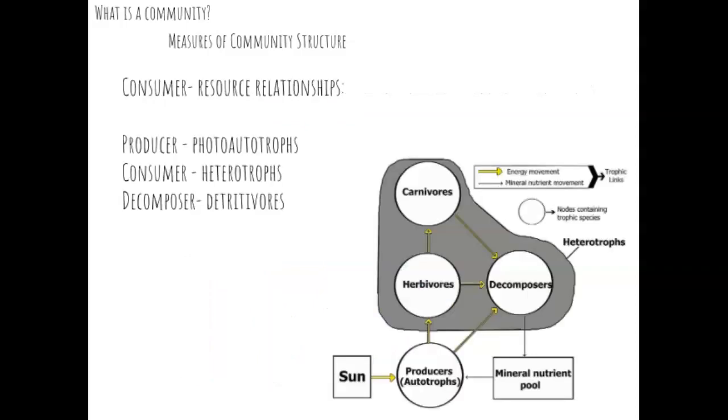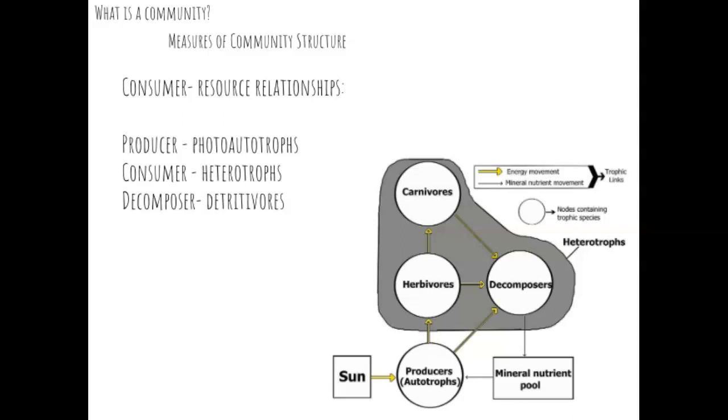We can also look at the way a community is structured by looking at consumer resource relationships. In any community, there are different types of organisms that have different roles. Producers are things that we would also refer to as photoautotrophs, meaning that they do photosynthesis and create their own food using energy from the sun, as well as other materials like carbon dioxide and water.